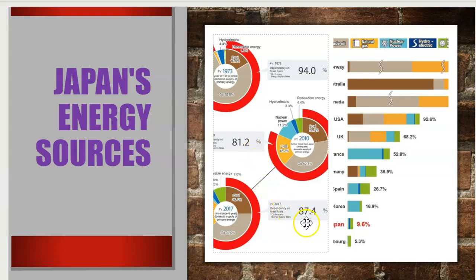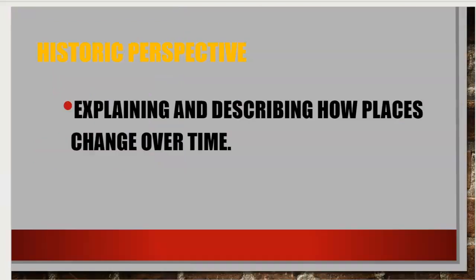And in 2017, they are 87% dependent on fossil fuels. So, when you think about fossil fuels, and they're a very small country, are they going to run out of these supplies, and are they dependent on other countries for those supplies? So that also relates to scarcity. Are there enough resources to supply human needs and wants?